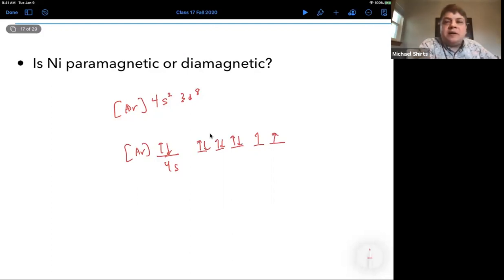We have 2 unpaired electrons here. They don't line up in parallel. If you filled each orbital in sequence, then it would be diamagnetic, but we don't. First, we fill them all with unpaired electrons, and then we fill them up pairing. So it has to be paramagnetic. We have 2 unpaired spins. So that's important. Hund's rule is really important here, that first you fill all the orbitals half full.